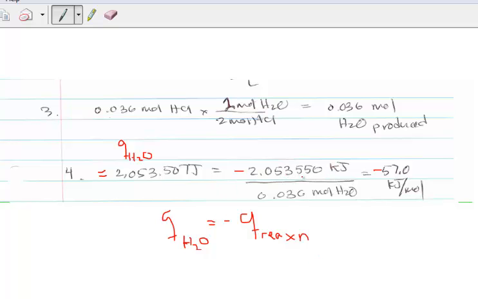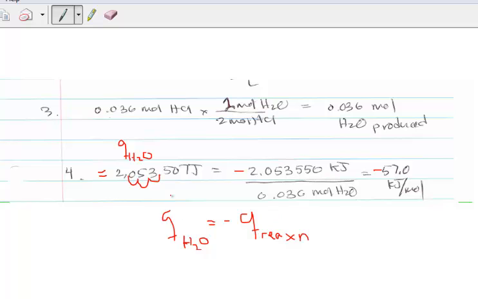I'm going to change this to kilojoules just because my problem asks for kilojoules. So I move my decimal point 3 places to the left to get kilojoules. And it looks like I made a mistake here. I don't think these numbers are actually right. But anyway, so 0.036 moles of water, I divide that into it, and then I'm going to round my final answer to 3 significant figures.